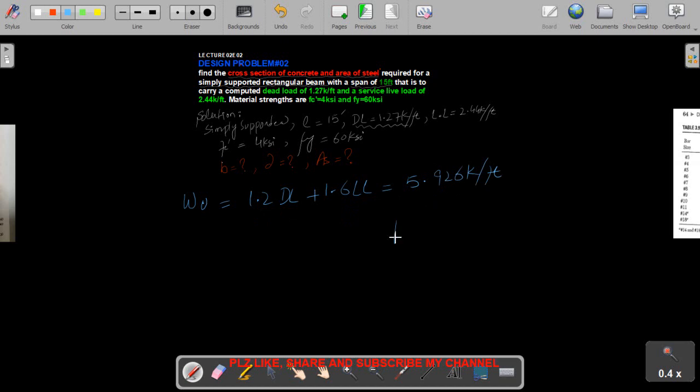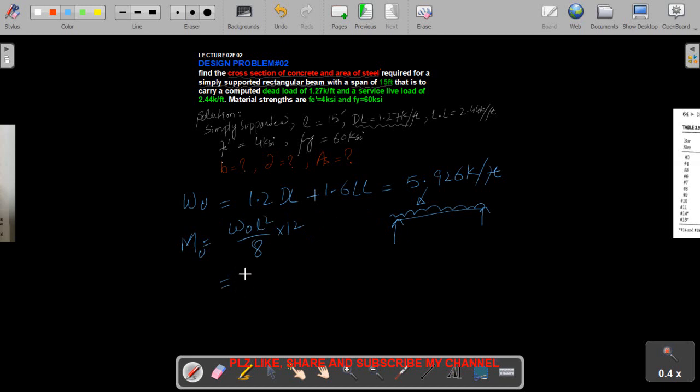As the beam is simply supported with a UDL of this much, we know the bending moment for a simply supported beam is Wu L squared divided by 8, multiplied by 12 to convert it into kip inches.